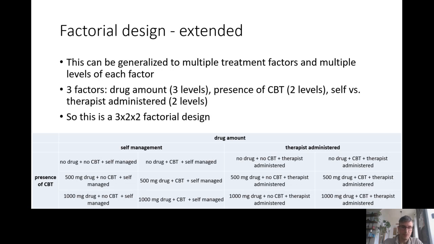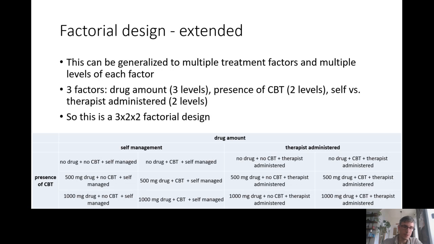And we are also manipulating whether this drug is combined with CBT. And so this factor also has 2 levels, no CBT and CBT. These are the 2 levels. And we are also manipulating self versus therapist administration of the treatment.